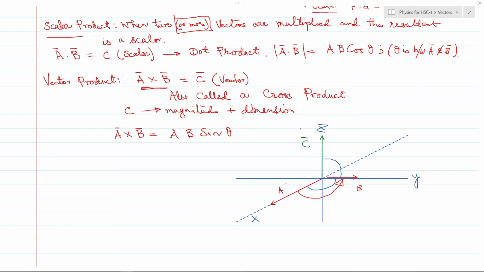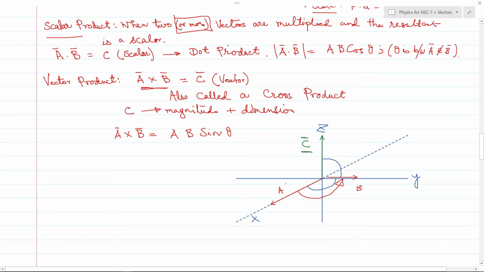Here we can see that the vector A is acting in x direction, so we can put our fingers along x-axis, and if we try to close our fingers in right hand side from A to B, then our thumb will be indicating upward, so our resultant C will be acting in upward direction. So these are three perpendicular vectors A, B and C.